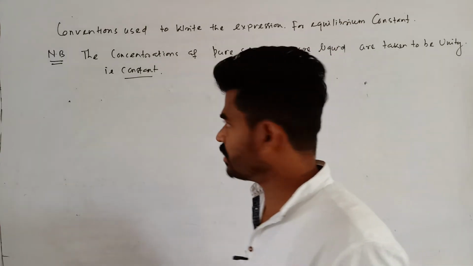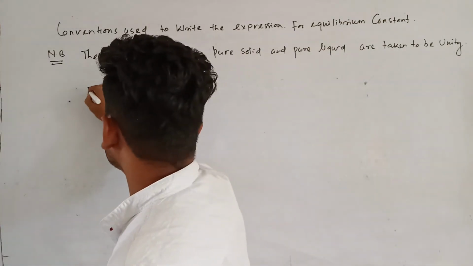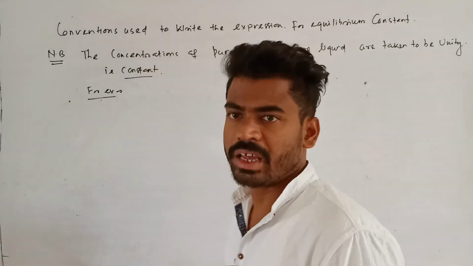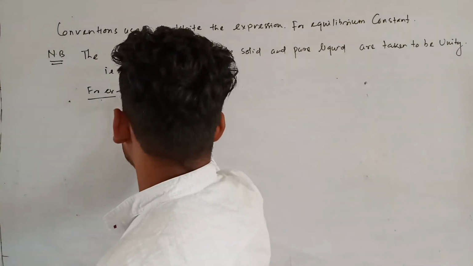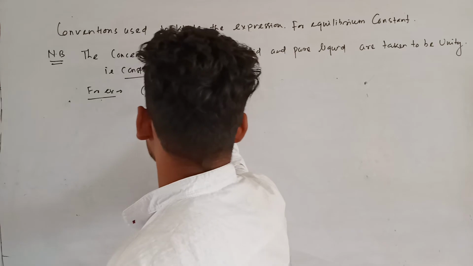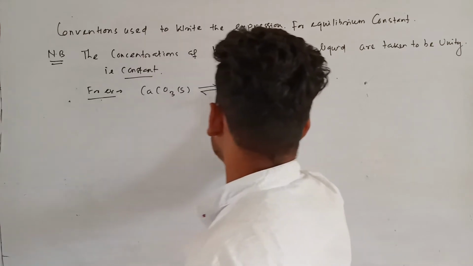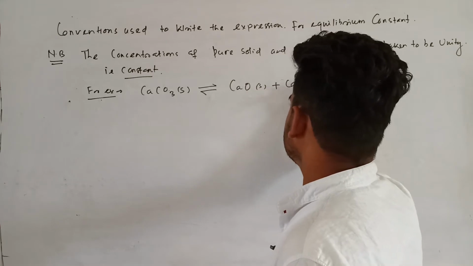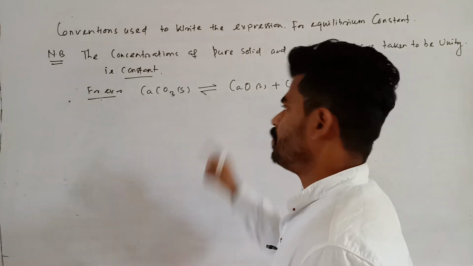For example, if I consider again the decomposition of calcium carbonate, like CaCO3 solid decomposes into calcium oxide plus carbon dioxide. Here you see these two are pure solids.